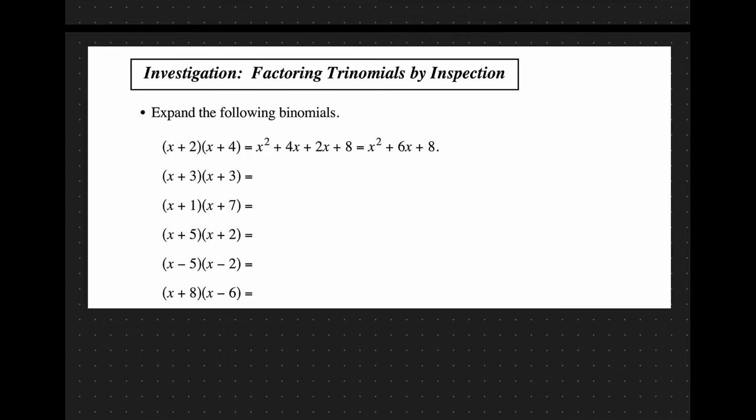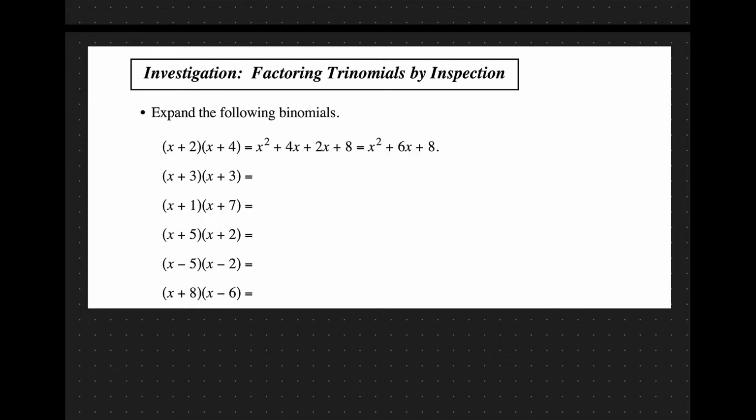And the last one, the 8, is the product of those two. So 2 times 4 is 8. And when both of these binomials have a plus sign in between the two terms, then we end up with two plus signs right there.